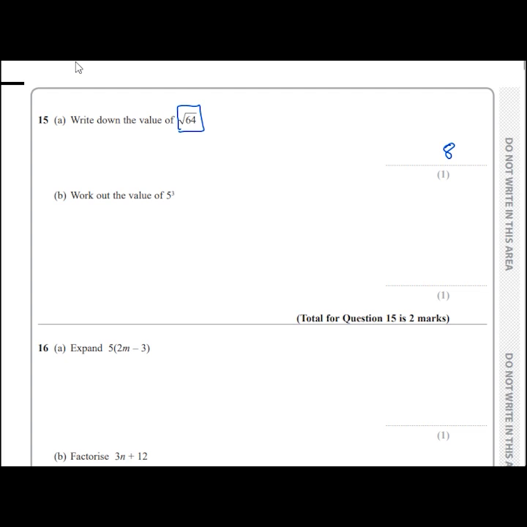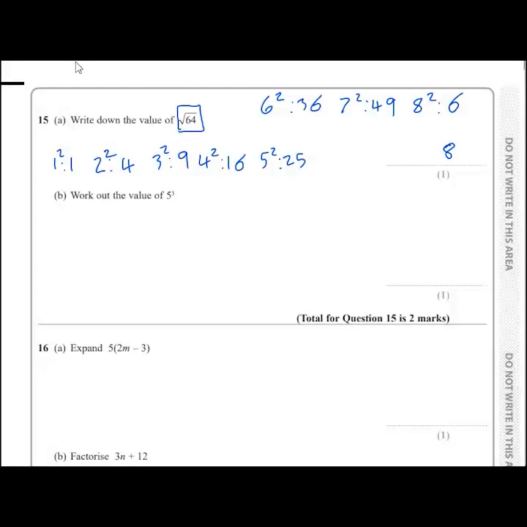Well, if we work through our squares, 1 times 1 is 1, 2 times 2 is 4, 3 times 3 is 9, 4 times 4 is 16, 5 times 5 is 25, carry on up here, 6 times 6 is 36, 7 times 7 is 49, and lastly, the one we're looking for, 8 times 8 is 64.